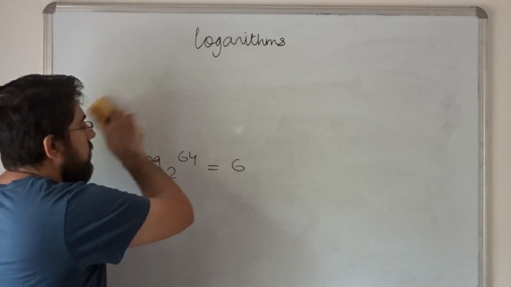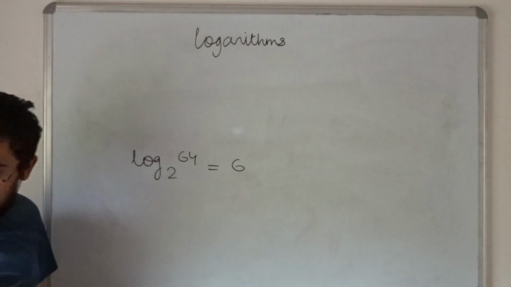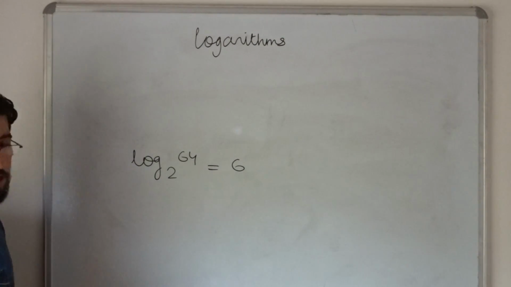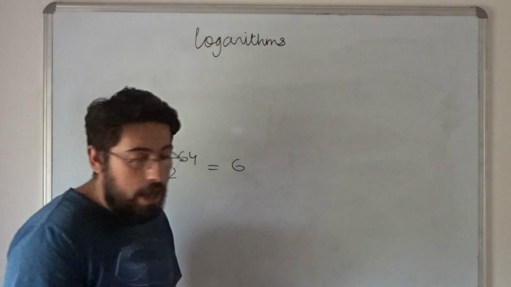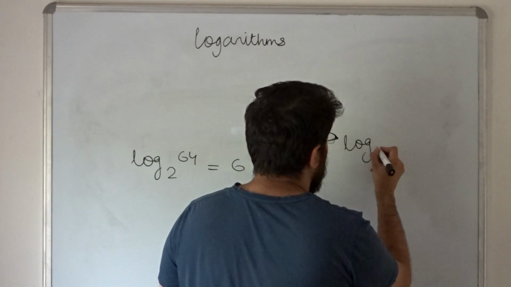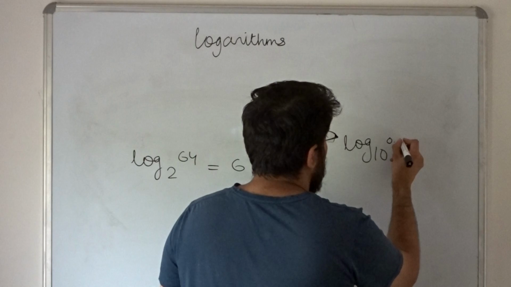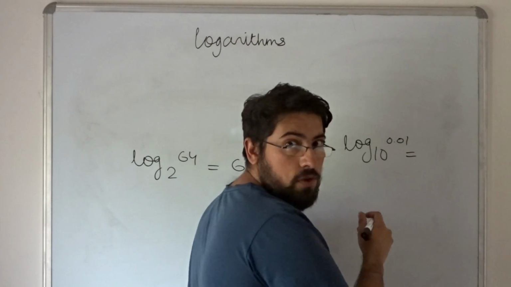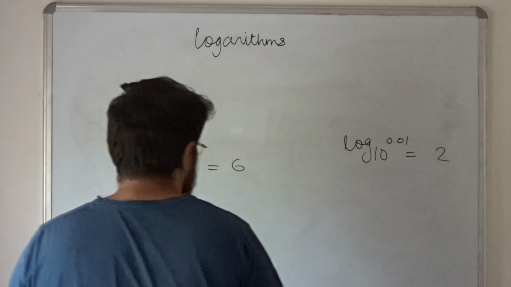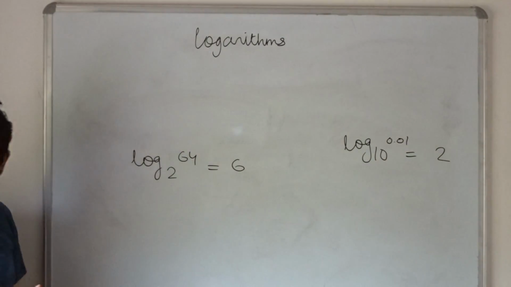I want you guys to convert this into exponential form, and I want you guys to convert this into exponential form. Okay? That's what I want you guys to do.